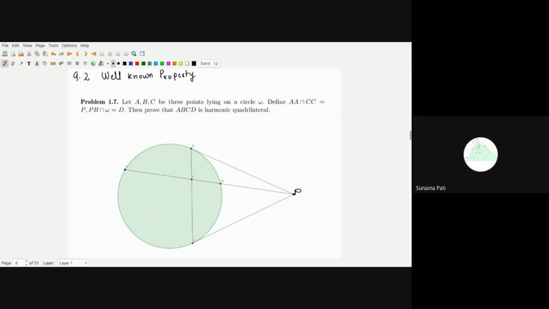Okay. Well, then Siddharth, is it? Sorry, what's a harmonic chord? Okay. Do you remember the cross ratios we defined for quadrilaterals, like 4 points in a circle?